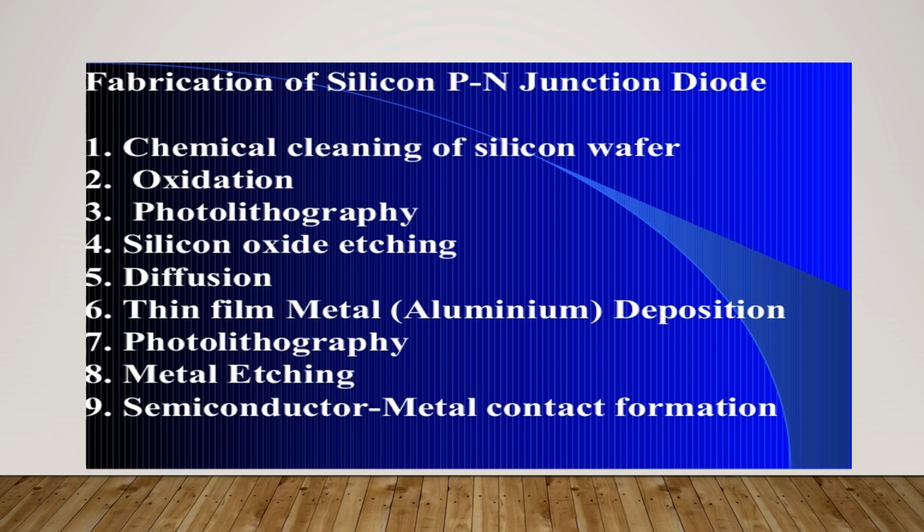After that, diffusion of the dopant is done. It can be done by ion implantation, by CVD, or by any other method. But actually what you will do is diffuse certain pentavalent or trivalent impurity inside the semiconductor material.